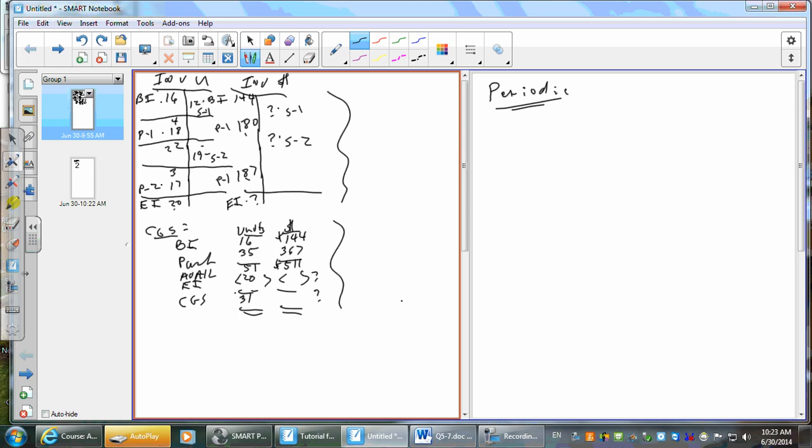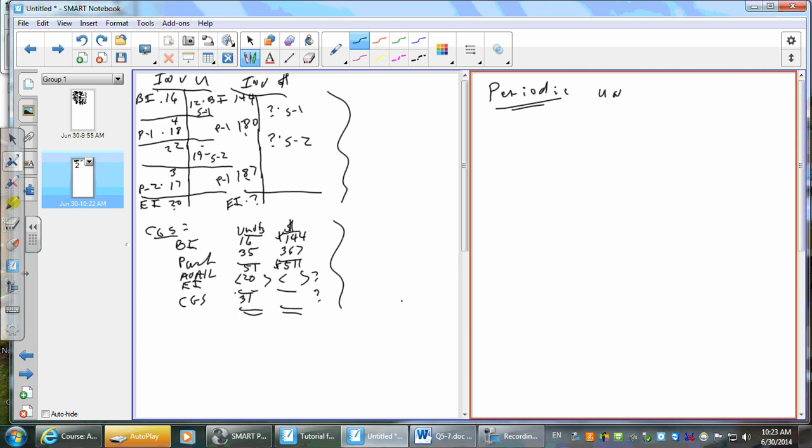So let's do it. I want 20 units. So here we go for units. We'll do dollars. Okay? So I want to have 20 units at the end, and I want to know what those cost. Everybody got it? Okay, so we're doing periodic, and this first one is going to be FIFO. First in, first out.